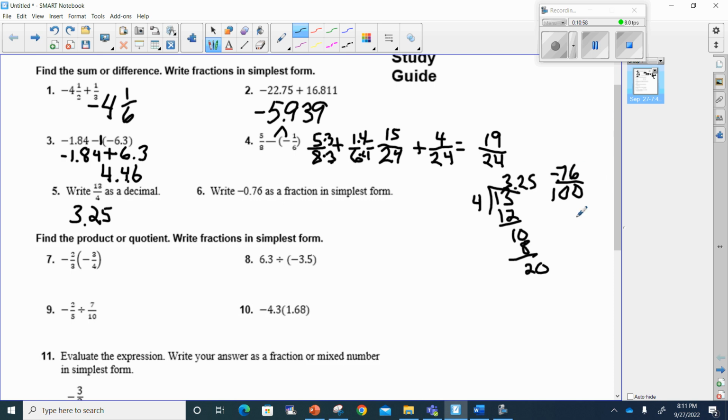Well, 76 divided by 2 is going to give me 38 over 50. Both of these are divisible by 2. Half of 38 will be 19, and half of 50 will be 25. So the answer to this one would be negative 19 over 25.